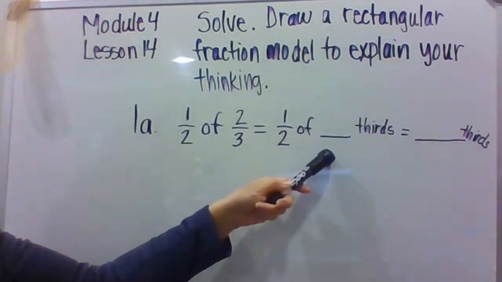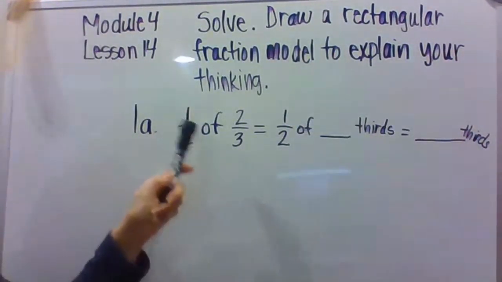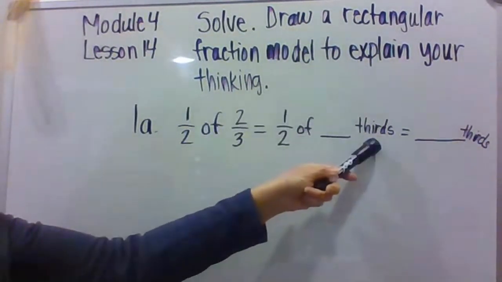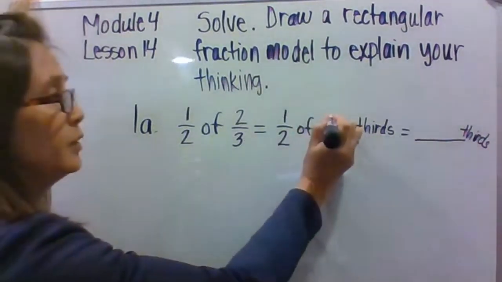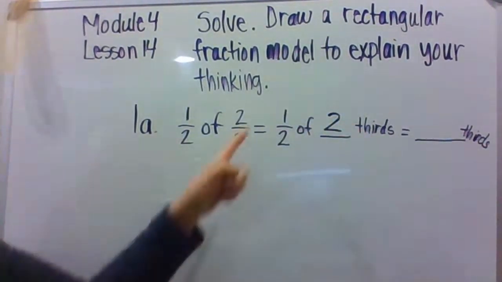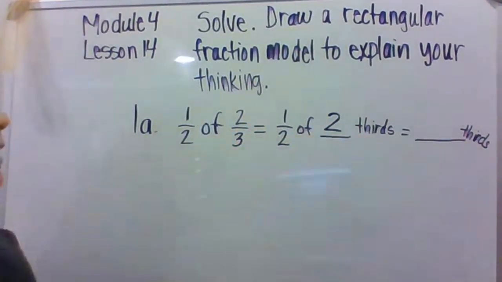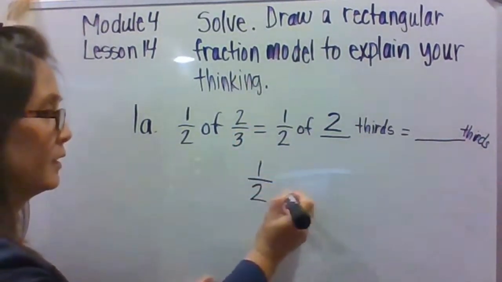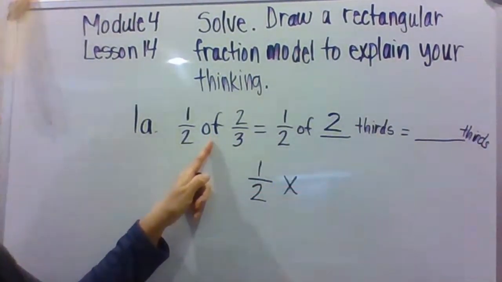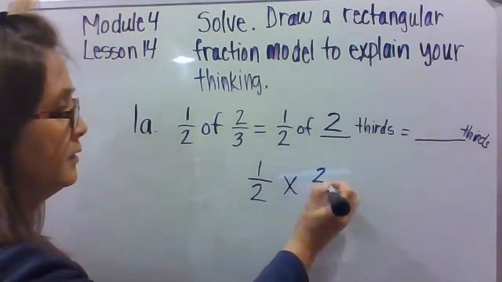How many thirds? Listen again. 1/2 of 2/3, 1/2 of blank thirds. How many thirds? So you just put a 2 right there. That's the whole number. And so if I have 1/2 of 2/3, that just means, what does "of" mean in math? Multiply. 1/2 of 2/3. So now just solve.